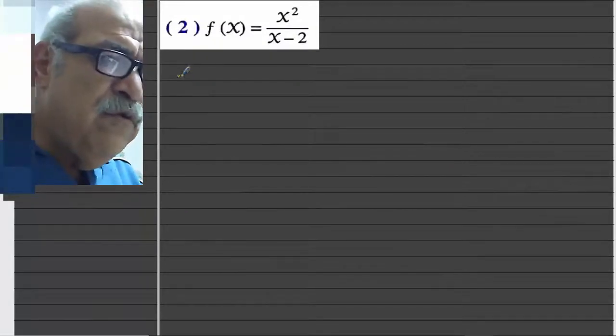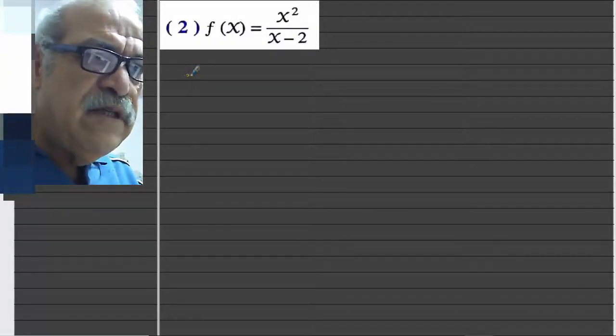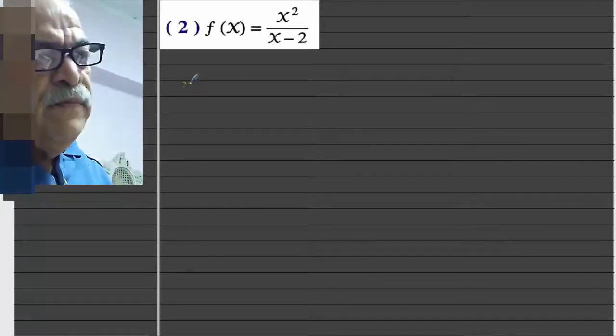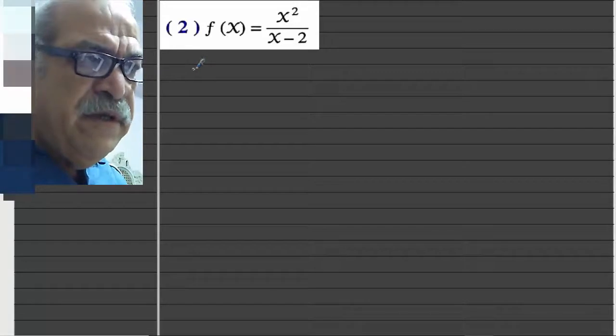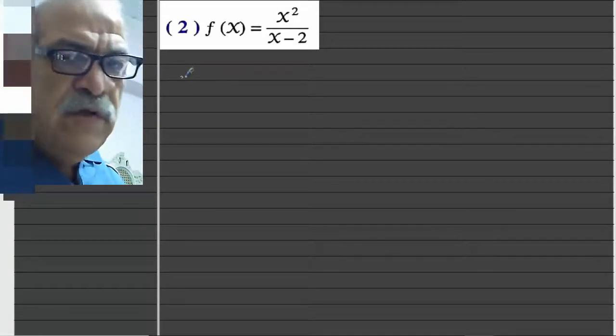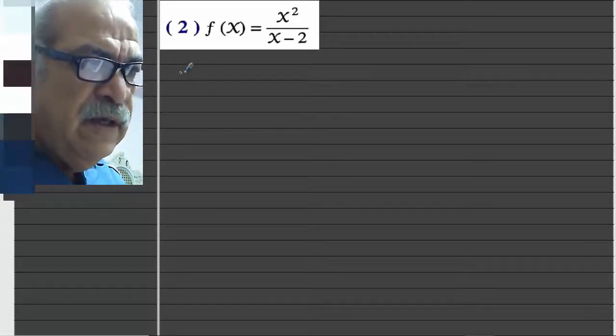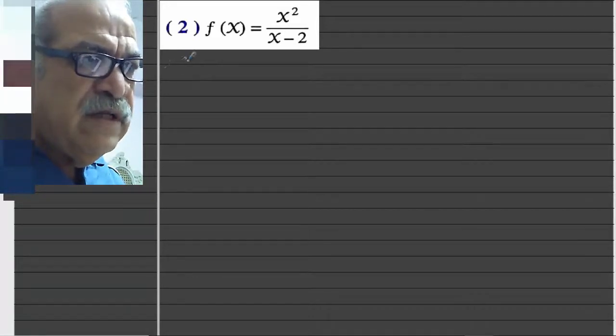Question number 2, we have f of x equals x squared over x minus 2, and also here we determine the domain. How you determine the domain? Putting the denominator equals 0.